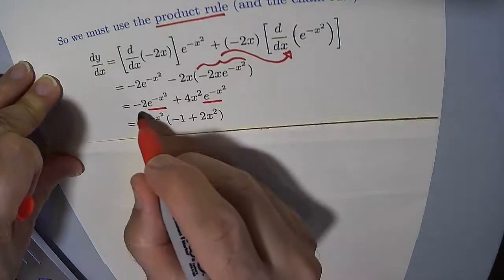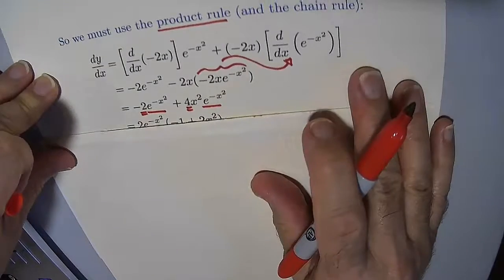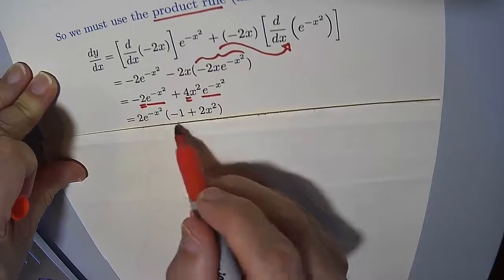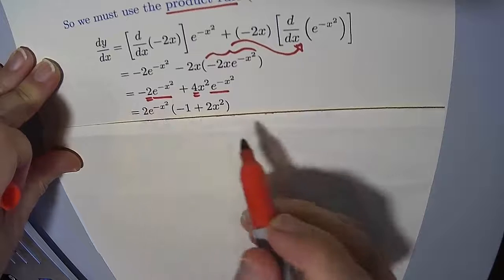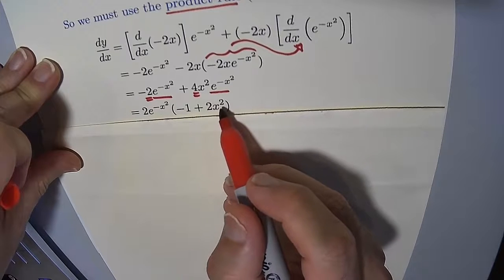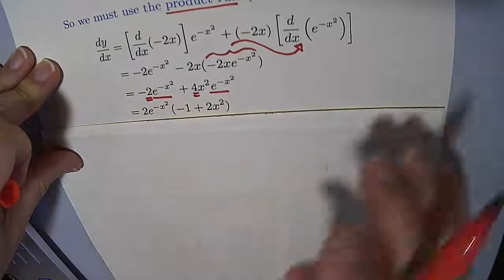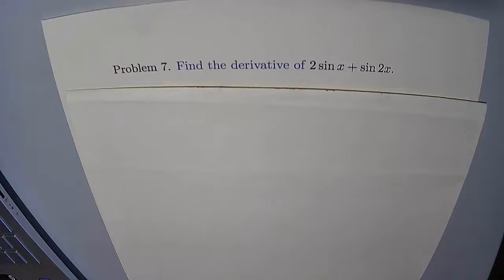There is also a factor of 2 hidden in 4 here. So we pull out e to the negative x squared, we get negative 1, taking this negative into account, plus whatever is left here, which is a 2 and an x squared. And that's the second derivative, the final answer to this problem.